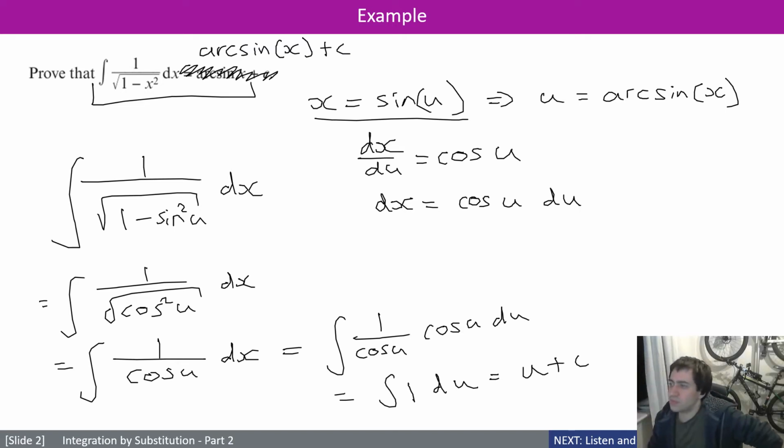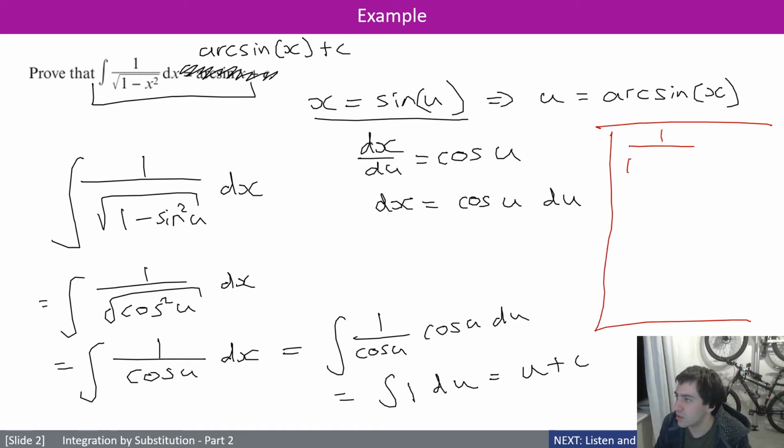So how did we know to use sine u? It's a little bit of intuition, and it's a little bit of having seen similar problems enough times. So it'll come with practice. I'll throw up a few examples just to get you a little bit trained on these things.